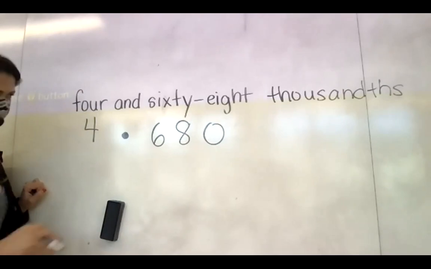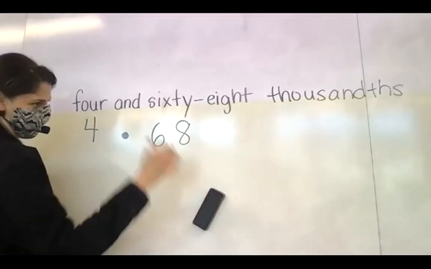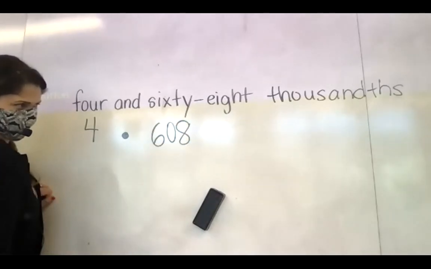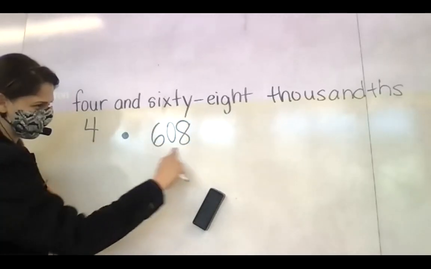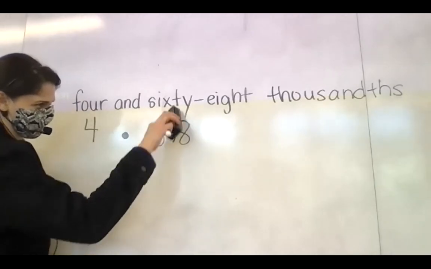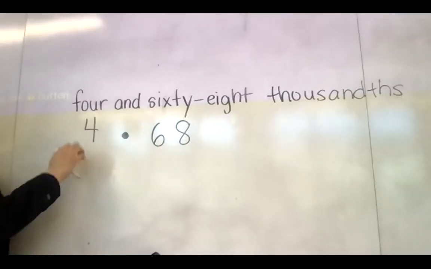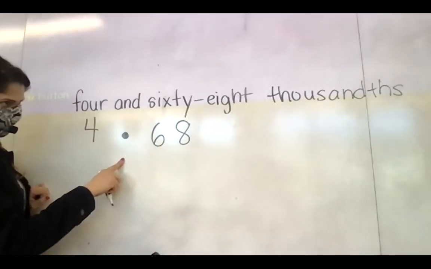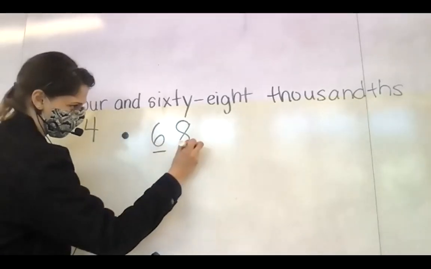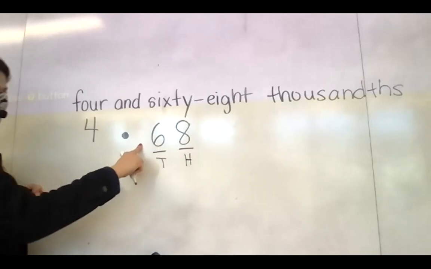In between the 6 and the 8. Here? No. Because that's 608 now. It's 4.68, and that is the hundredths place. Tenths, hundredths. So this is 4 and 68 hundredths.